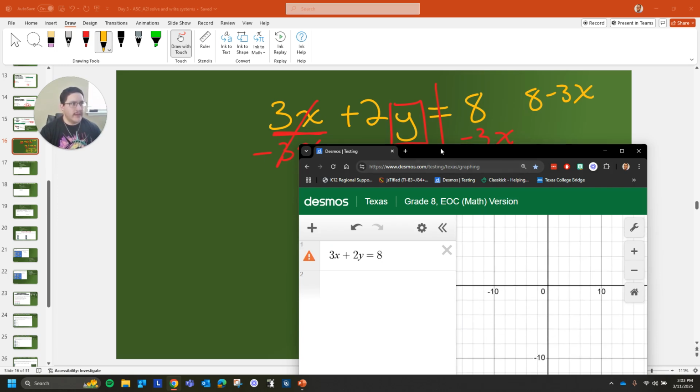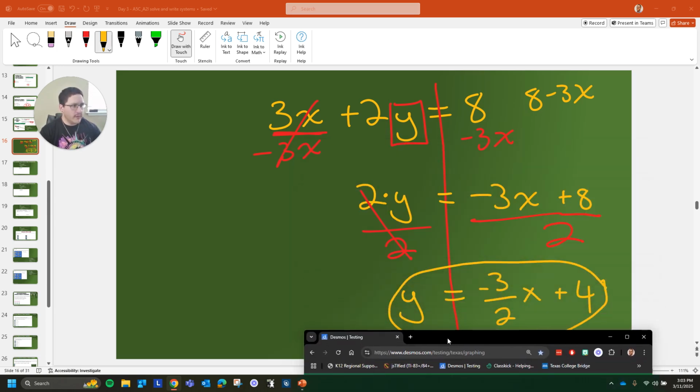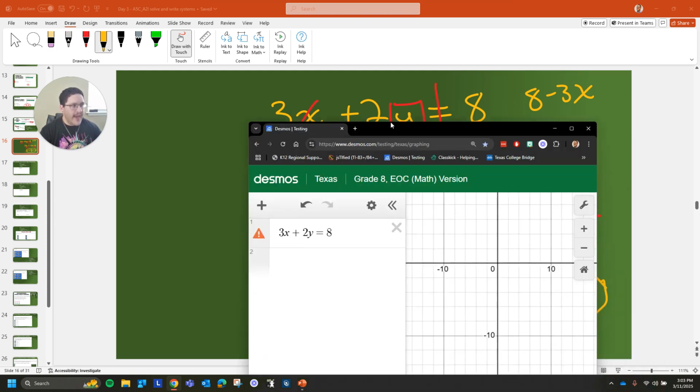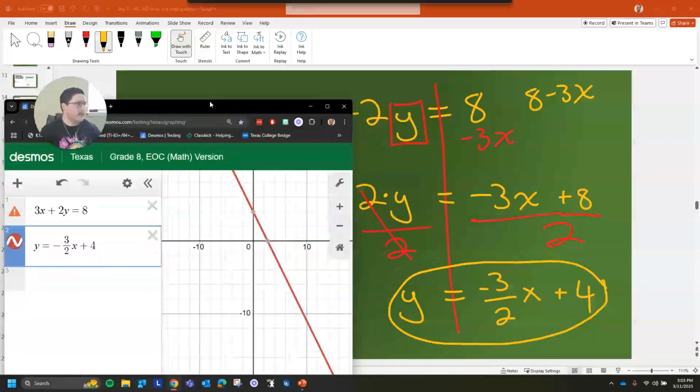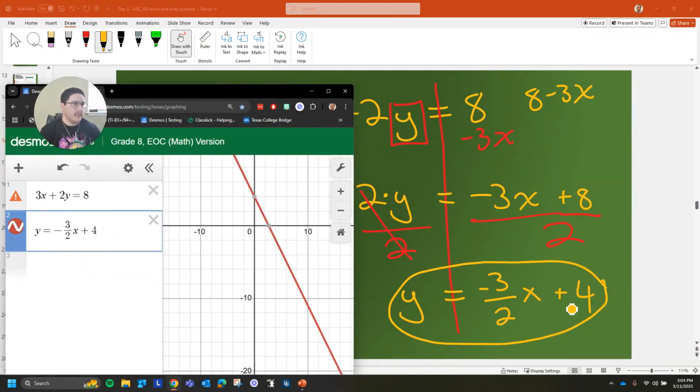So we needed to change it to its slope-intercept form, which is right here. So now I'm going to type that in. Y equals negative 3 divided by 2x plus 4. Yes, that's it. And this form, where y is by itself, is the appropriate form to graph equations.